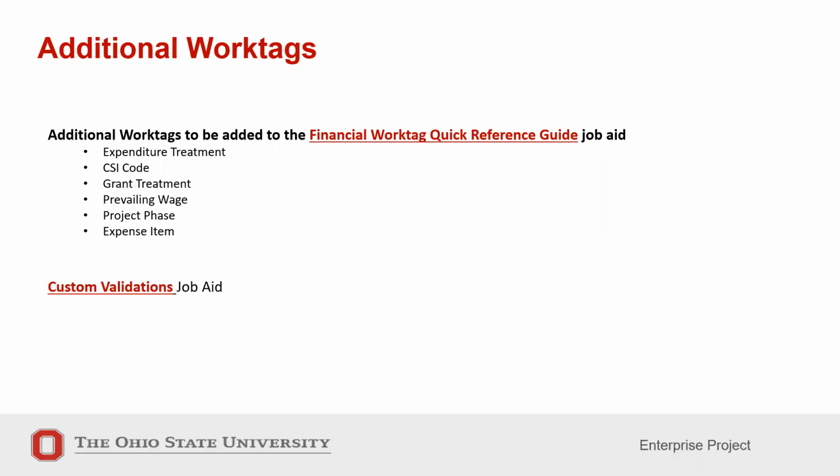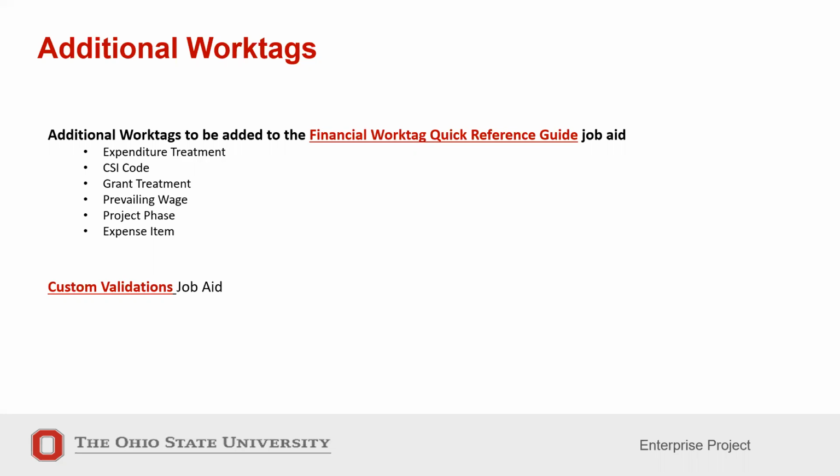We are also providing a custom validation job aid. While we went over some of the big items and a lot of the ones we get questions about, there are different nuances or custom validations that might drive a requirement for another work tag.